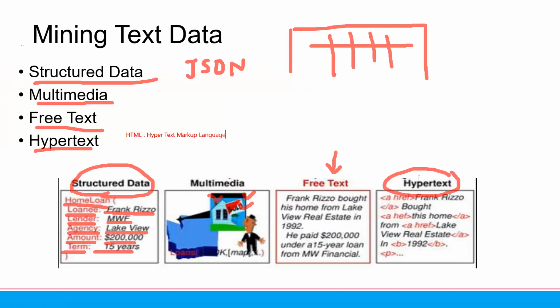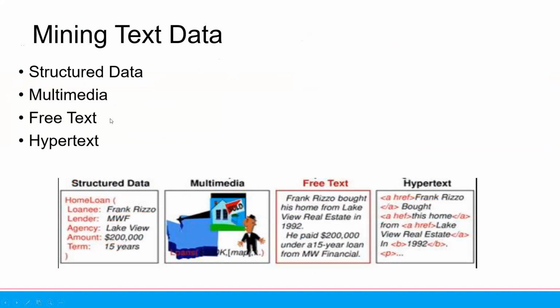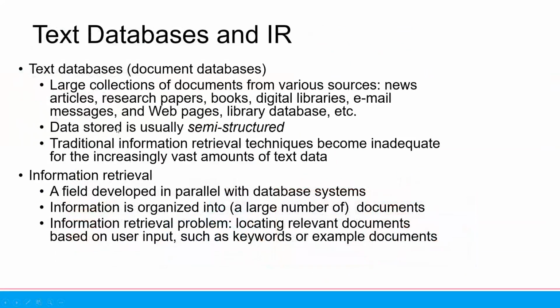The website is based on hypertext, and every piece of text is in a kind of tag like this. So the text data, we will store in a text database, or sometimes people call it a document database.